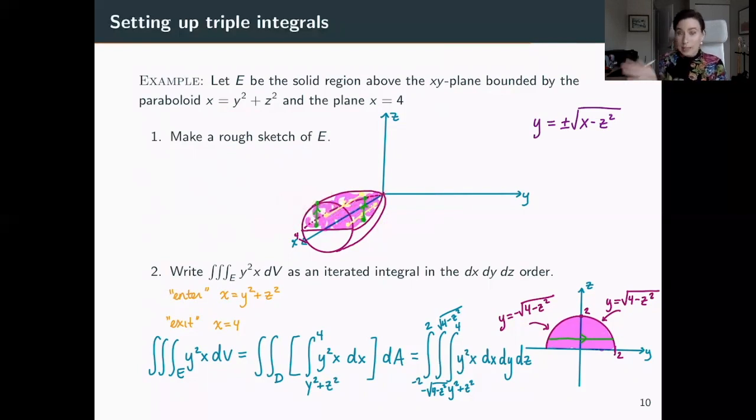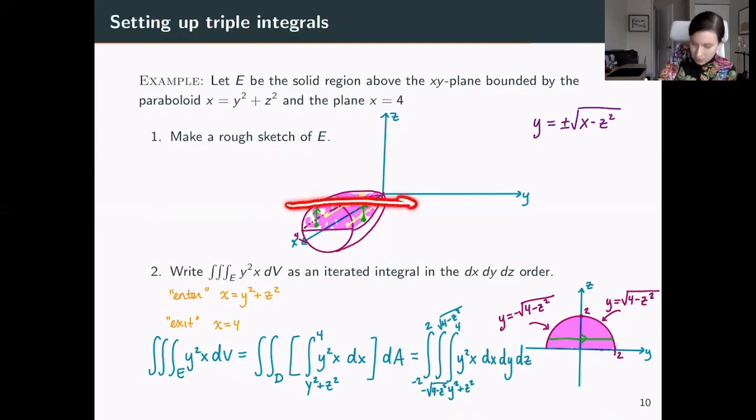So what we end up having here is that if I'm entering and exiting through this surface, I'm always going to be going from the smaller values to the larger values of y. I can see that my entrance is going to happen on the negative side, and I'm always going to exit on the positive side.